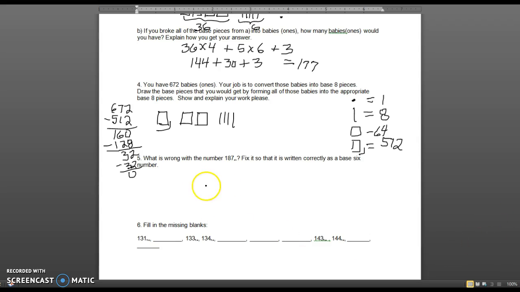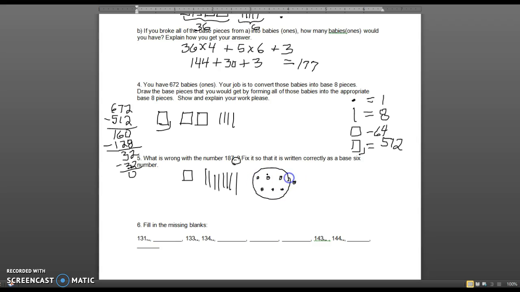Alright, next up is another one of these problems where I've written a number incorrectly based on the base that it's in. So I want to be writing in base 6, so 8s and 7s are out. So I'm going to draw a representation. And that's based on what exactly it's showing me. Right? And then I'm going to think about the fact that I'm in base 6, and I'm going to make exchanges based on that.